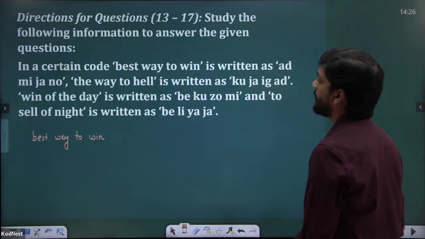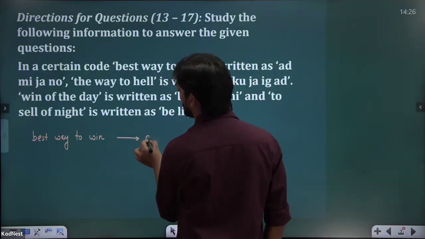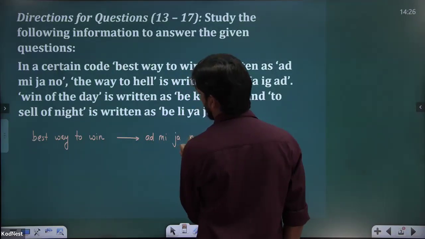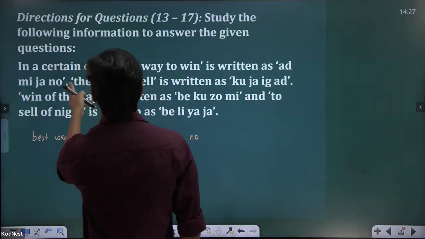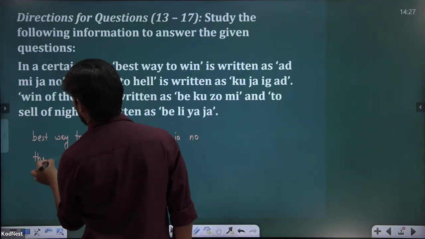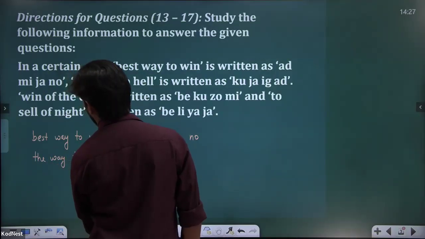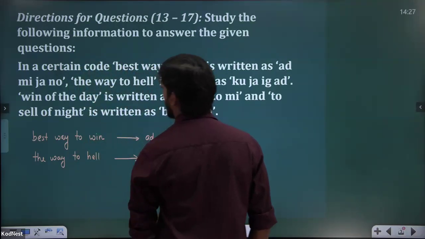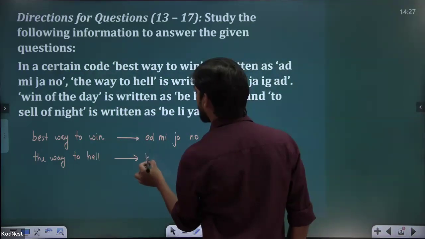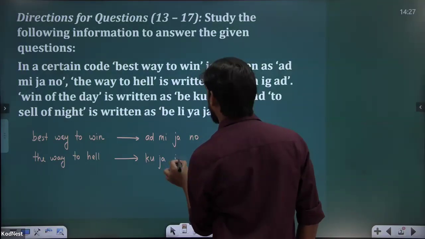Best way to win. Okay, add me Jano. Okay, the way to hell. The way to hell. KUJAIGAD.